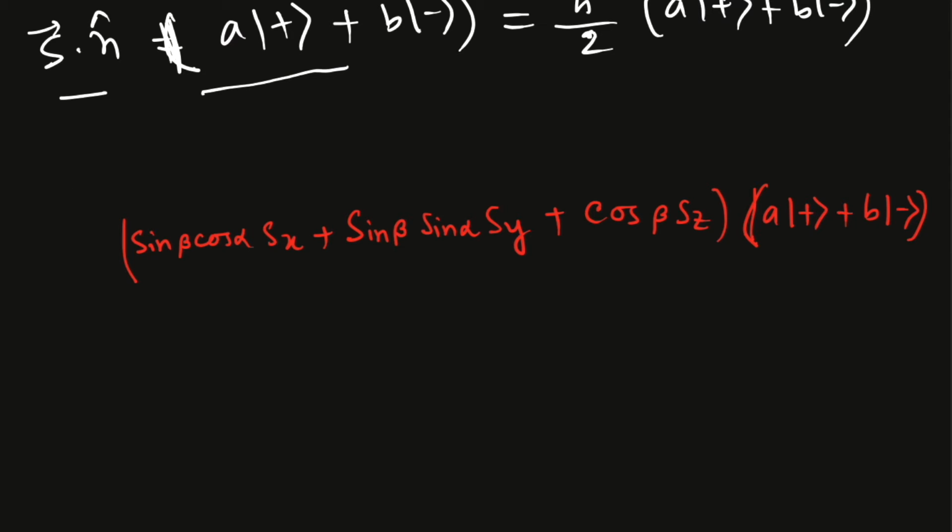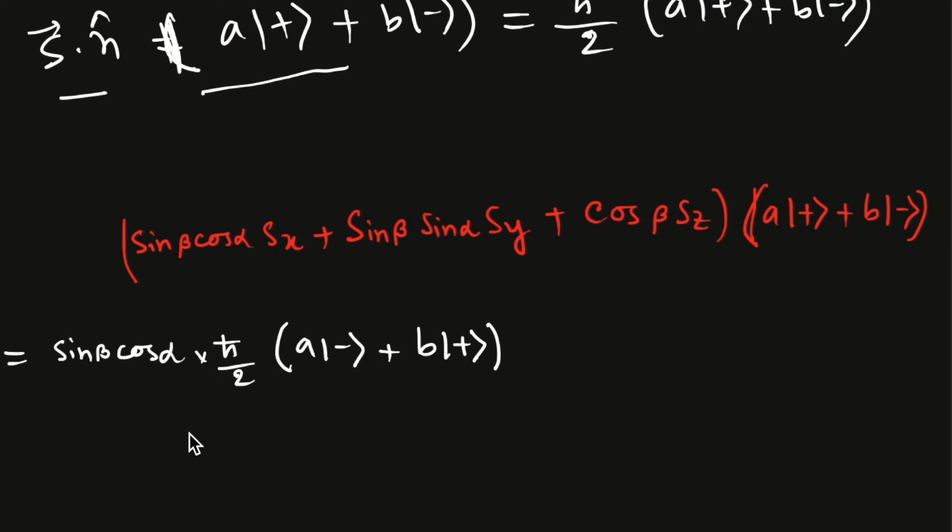So this will be sin beta cos alpha Sx, operate on plus, give h cut by 2 minus, and it operates on minus, it will give plus.